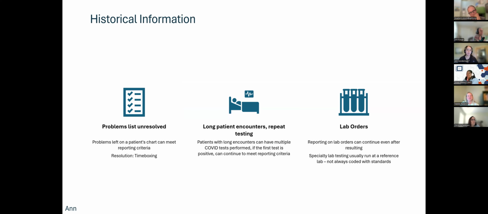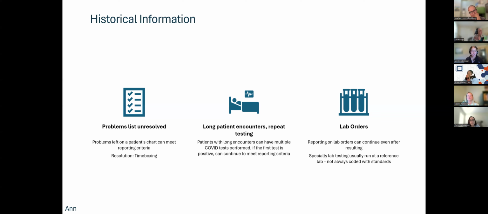And the way around that right now within RCKMS is they've implemented something called time boxing. So they'll look at when the problem was added, and if it is outside of that window, it won't find it reportable. But if it's within the window timeframe that the public health agency has identified, it will send it as a reportable.